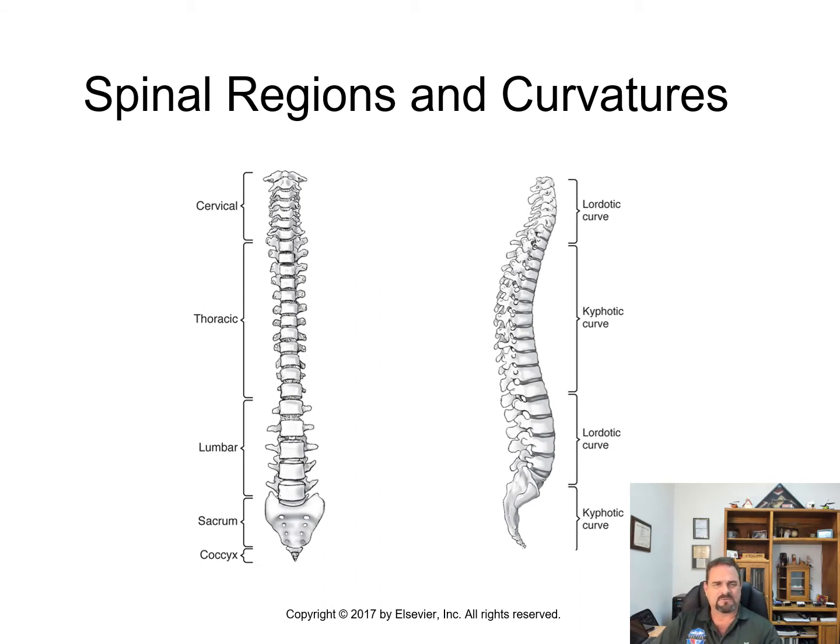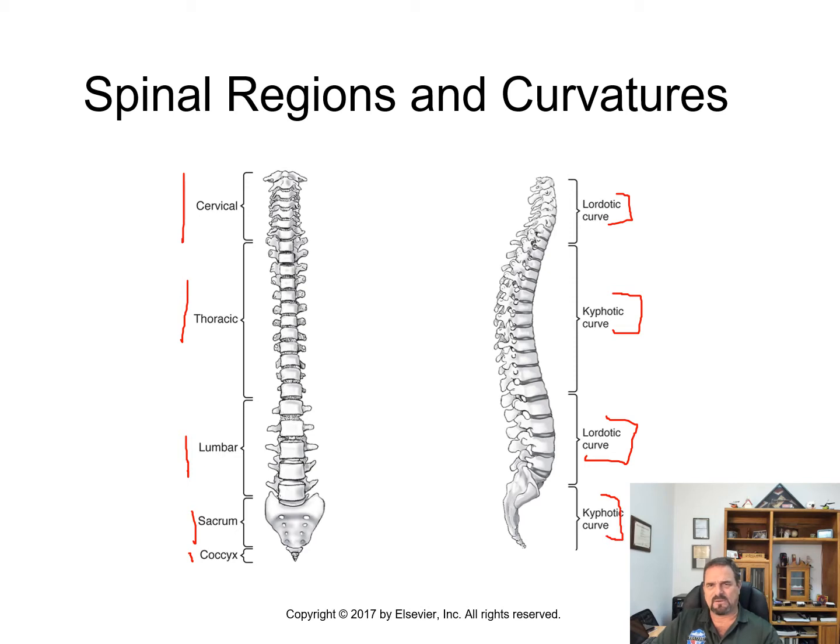All right, so spinal regions and curvatures. You have your cervical spine, your thoracic spine. Here's your cervical here, and your thoracic spine, your lumbar spine, your sacrum, and your coccyx. Looking at the curvature, you have your lordotic curve, which is this one right here. You have your kyphotic curve. You also have a lordotic curve here, which is the lower lordotic, and then the final kyphotic curve.